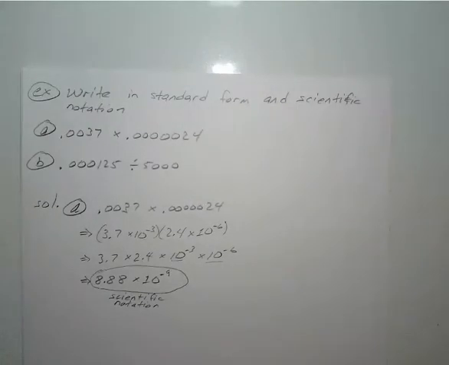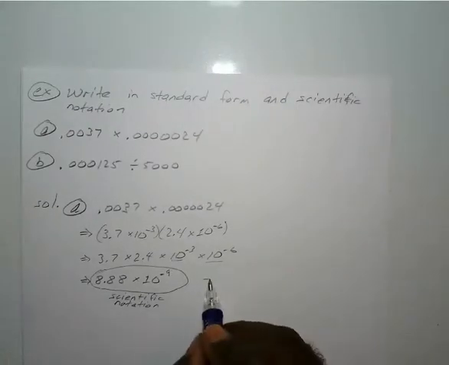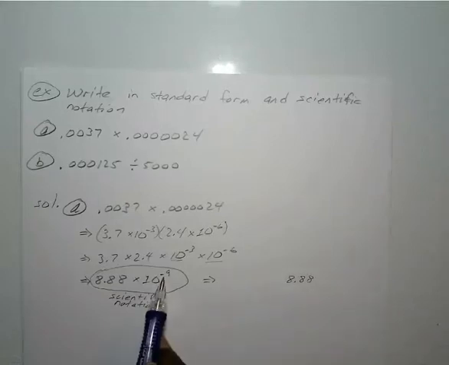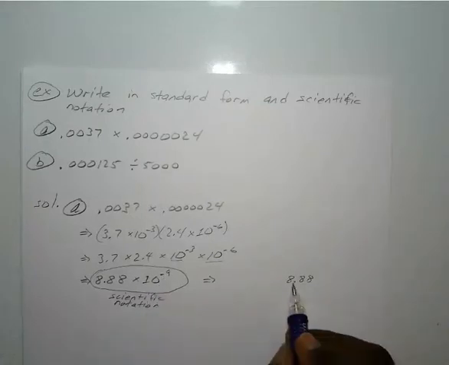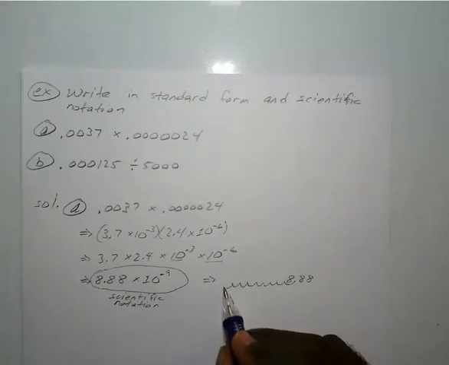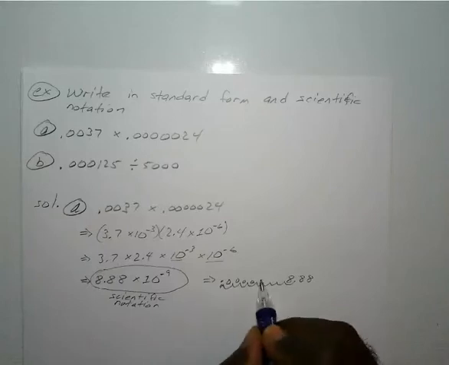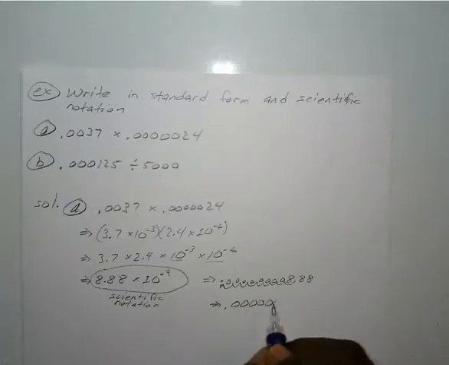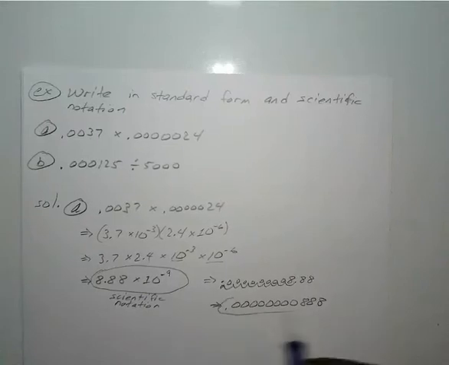But if you want to write it in standard form, of course, you just get your 8.88, because we're going to move it 9 spaces to the left. 1, 2, 3, 4, 5, 6, 7, 8, 9. And we fill those in with zeros. So that gives us 0.0000000888 as our standard form.